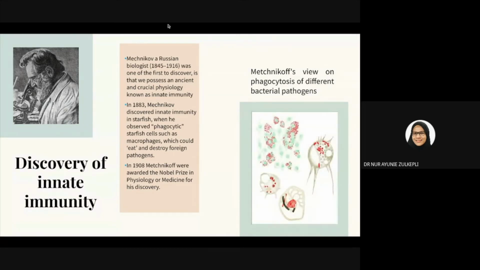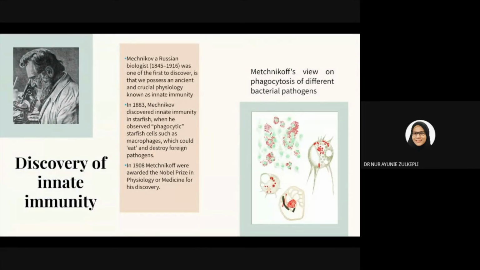This is how he viewed the macrophages eating the bacterial pathogen here. The red one is the bacterial pathogen, and the green one is actually the macrophages. He observed this reaction using his old microscope at that time. So at that time, he proposed the innate immunity response.